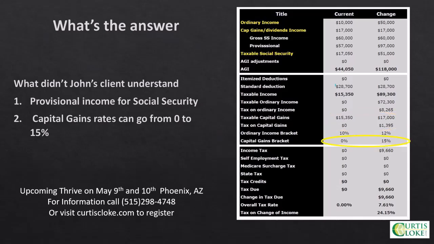I've gone from 0 to 15%. When I add this all up, what I'm facing is about $10,000 in taxes for a $40,000 conversion. If you do the math, it's about 24% in taxes on a conversion that the client thought they would only have to pay 10 or 12% on.